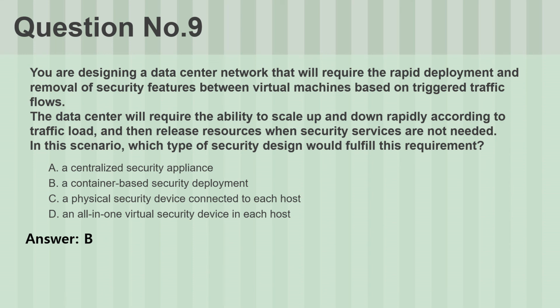In this scenario, which type of security design would fulfill this requirement? A. A centralized security appliance. B. A container-based security deployment. C. A physical security device connected to each host. D. An all-in-one virtual security device in each host. Answer: B.